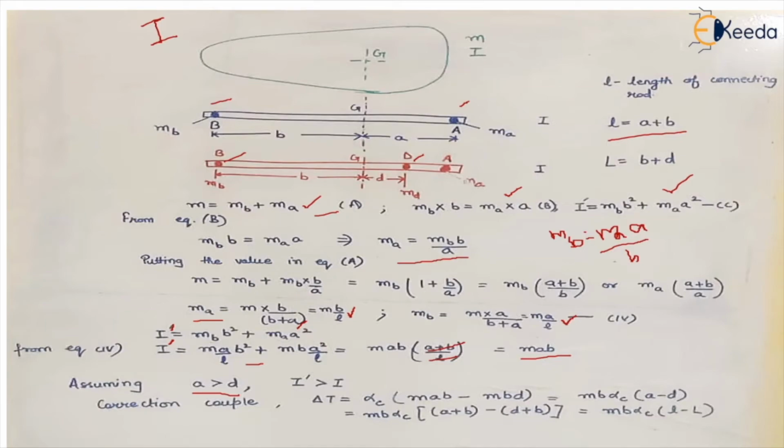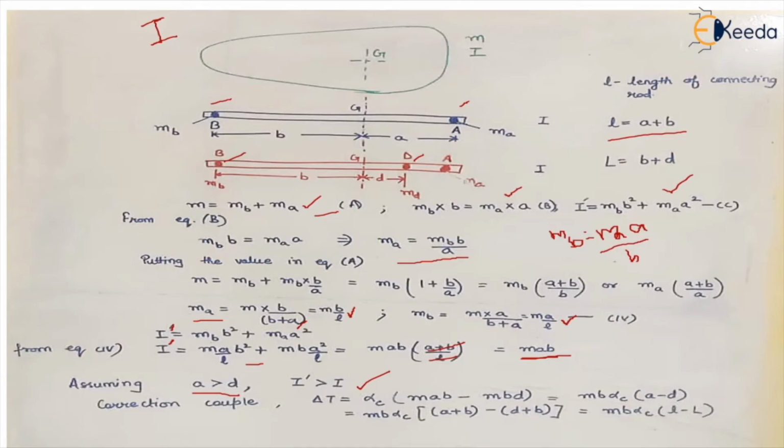So geometrically A is greater than D. If A is greater than D, this factor M into A into B will automatically be greater than M into B into D. That means for the system of point masses at the ends, the moment of inertia is somewhat greater than the moment of inertia of two masses placed at some other points except for the end point, right? In this case, we have taken B and D.